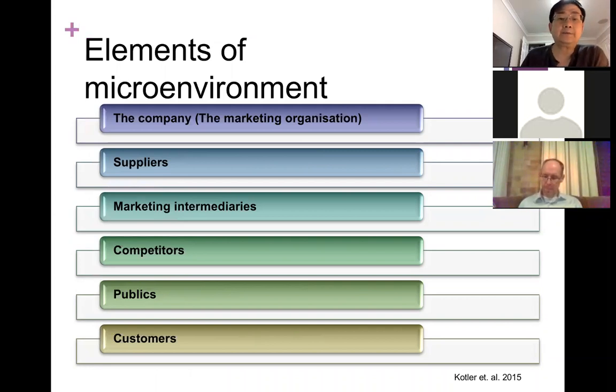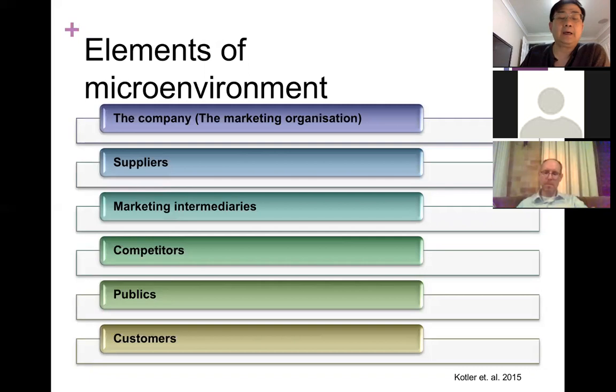There are six of them as well. We have the company, your organization, the suppliers, the marketing intermediaries, or the distributors, the resellers, the competitors, publics, and also customers. So let's have a look at them.